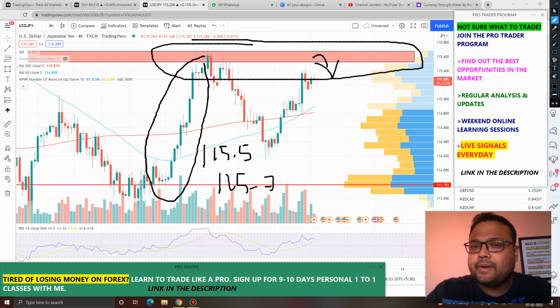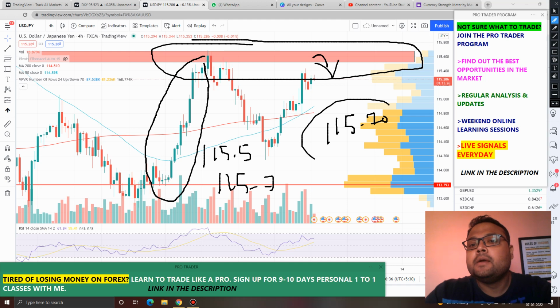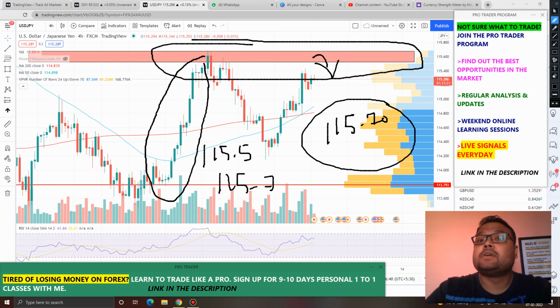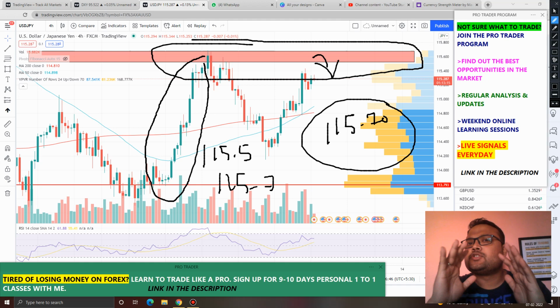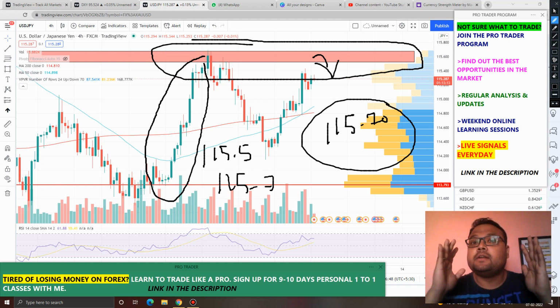But if the market breaks the level and starts going up, then do not take a buy position immediately. You can consider a buy position only above 115.70. But to go for a buy, you must wait for 3 to 4 hours and just observe the price after the breakout, because as I just mentioned, this level is a strong one, so you need proper confirmation.